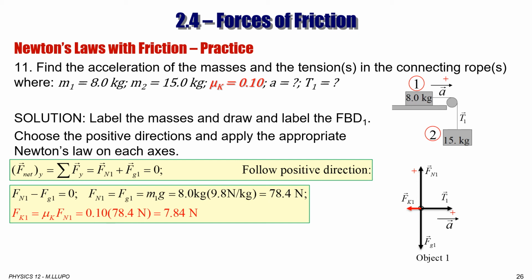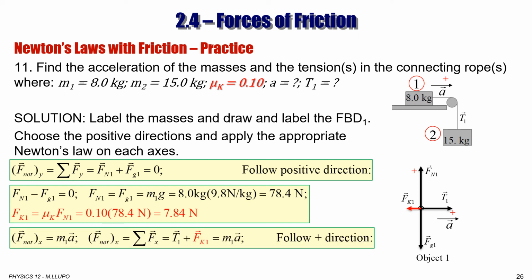And we can supply numbers there. It's 8 kilogram times 9.8. That is 78.4. And we can calculate with coefficient of friction 0.10 and 78.4. That will make the force of friction 7.84 Newton. So we're done with the y-axis. Now let's go at the x-axis.